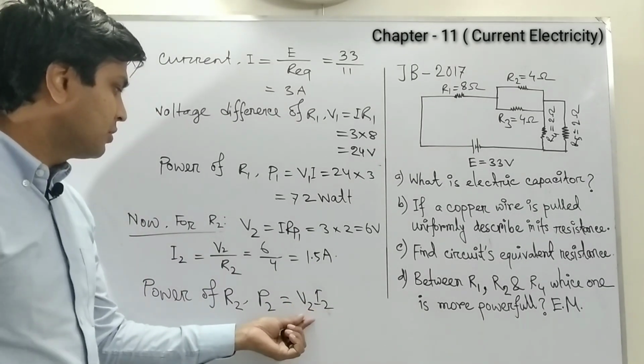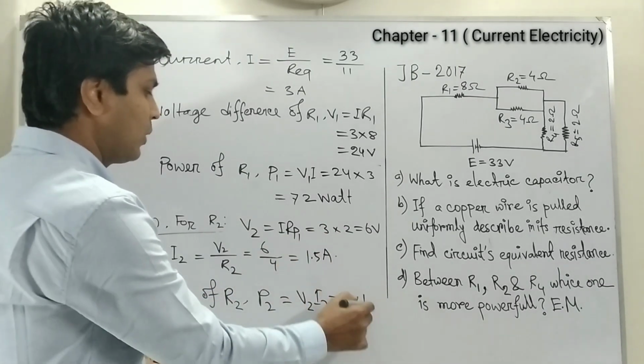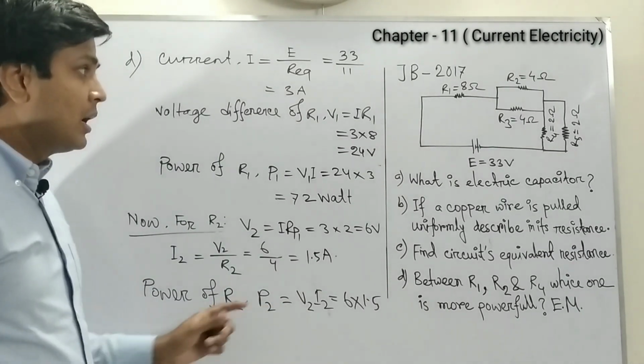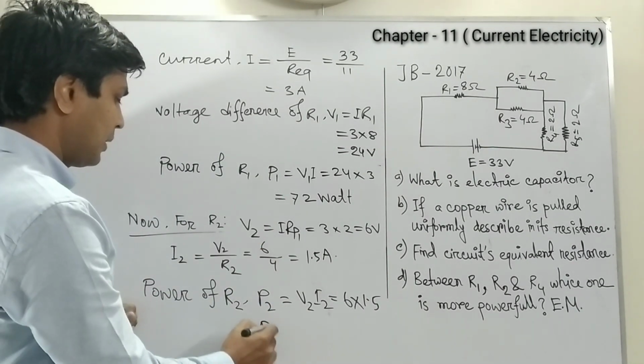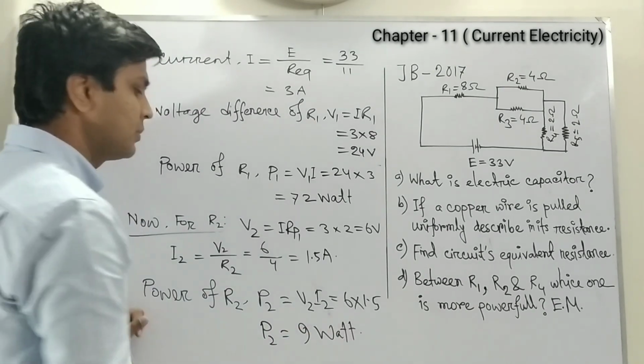V2 is 6 volt and current is 1.5. So the power of resistance R2 is P2 equals 9 watt.